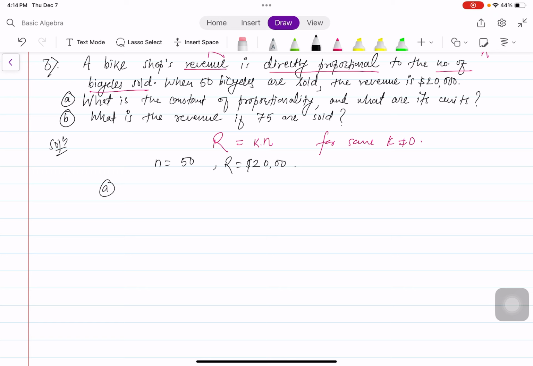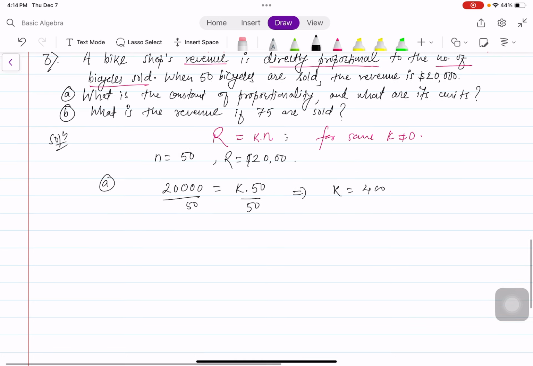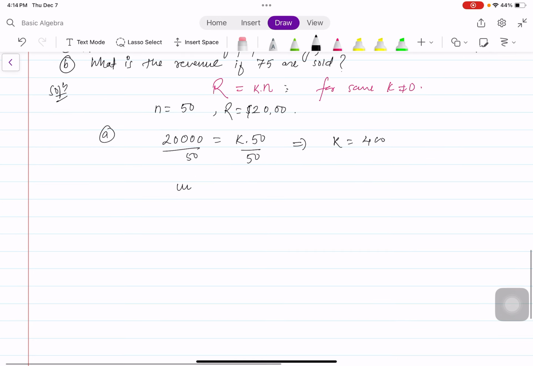So just plug these values into this relation and find the value of k, the constant of proportionality. 20,000 equals k times 50. Divide both sides by 50 and k equals 400. And what is its unit? To find the unit, the original relation is R equals k n.